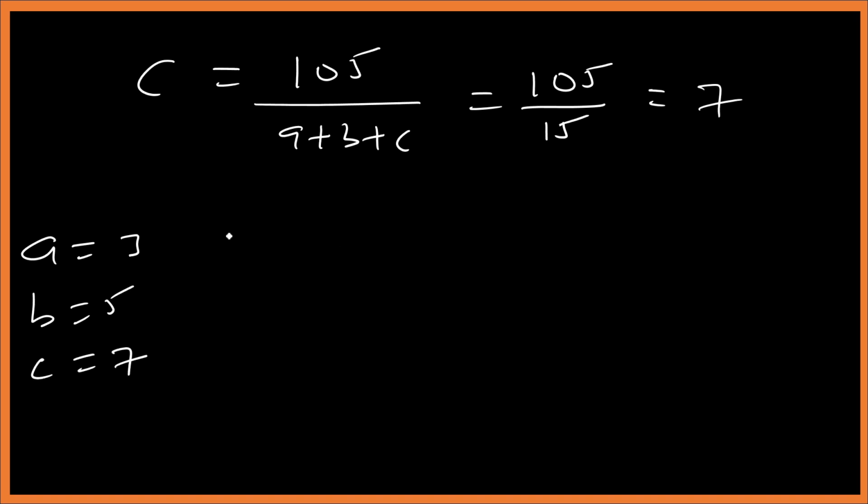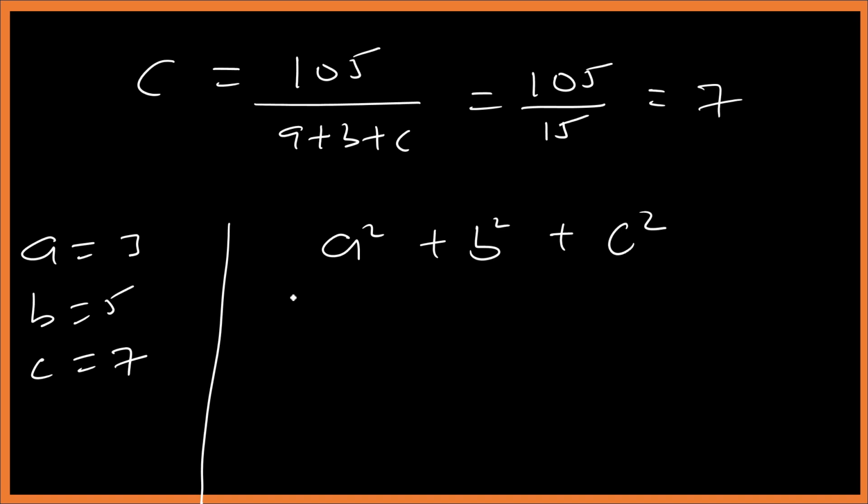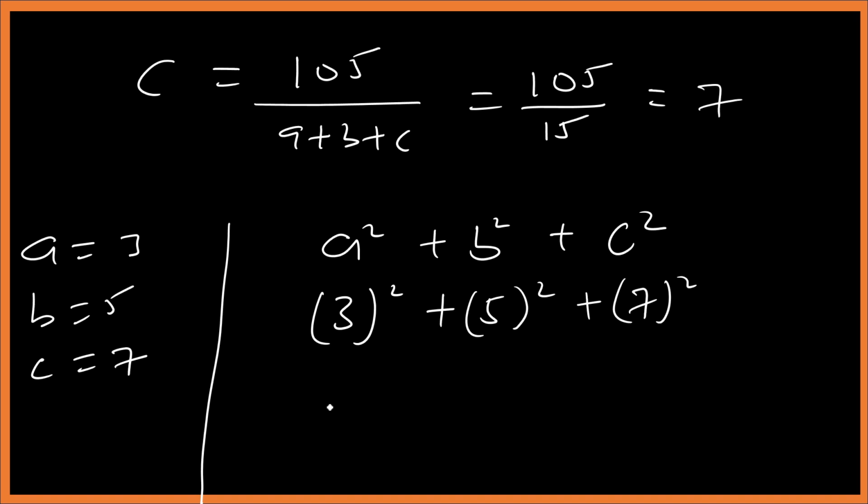So the question is demanding a squared plus b squared plus c squared. So we have 3 squared plus 5 squared plus 7 squared, so we have 9, 25, then 49.